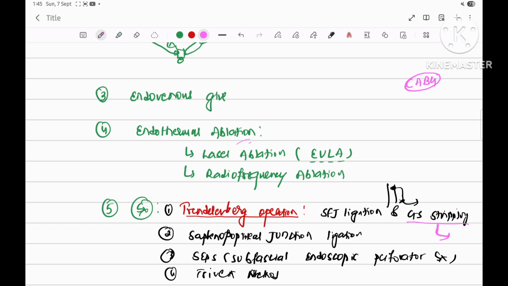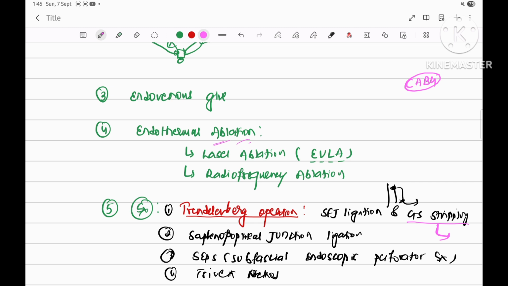So to preserve the sural nerve, we prefer endothermal ablation rather than the Trendelenburg operation. The second condition is that endothermal ablation is not non-invasive, but it is a less painful procedure than the Trendelenburg operation. And EVLA and RFA are a bit costlier, but their recovery and outcome are better than surgical treatment.